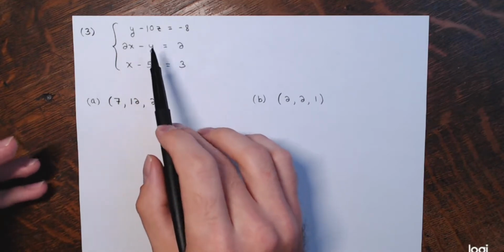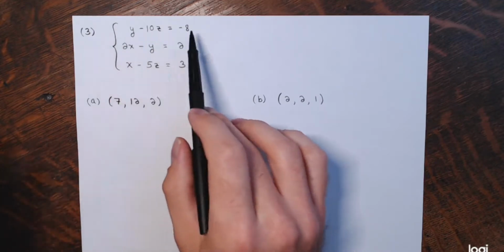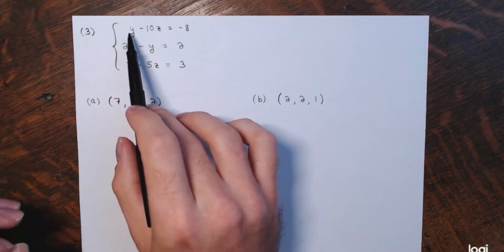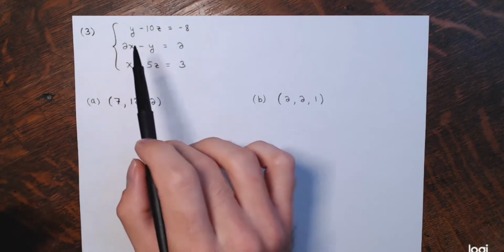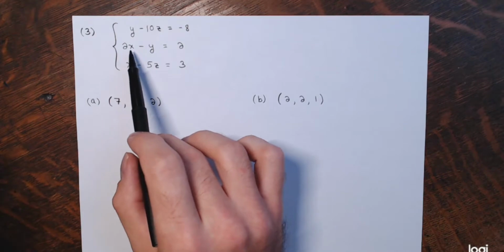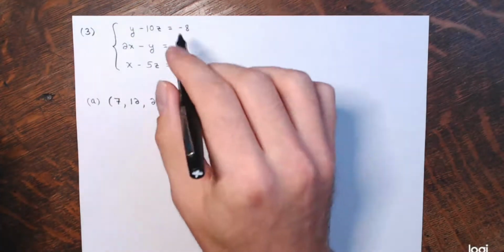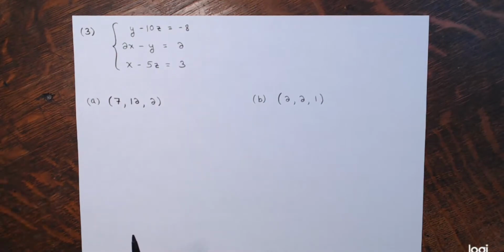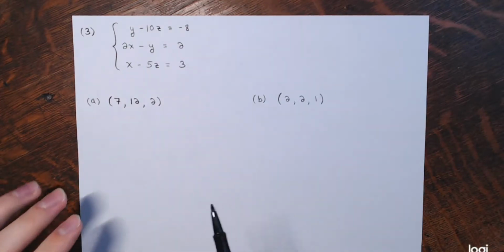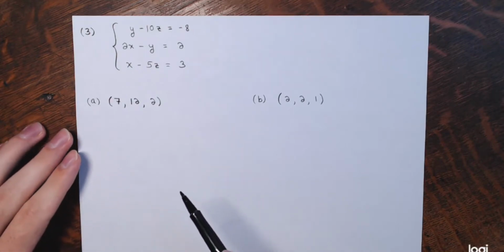Now again, not every equation has all 3 variables. Like, the first equation has just y and z, the second equation has just x and y, the third equation has just x and z, but still the system as a whole includes 3 variables. Right, so it's a 3 equation, 3 variable system, just like the first 2.